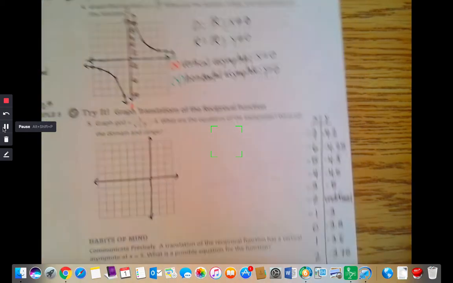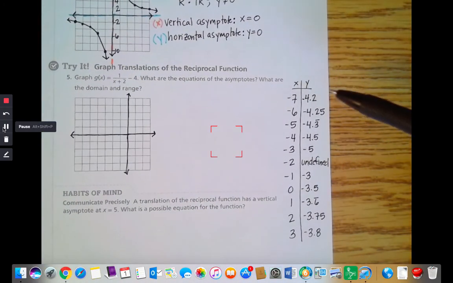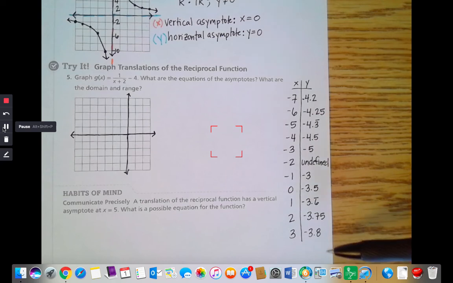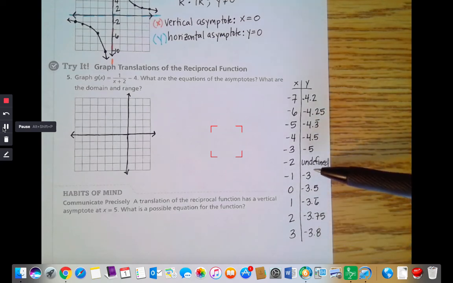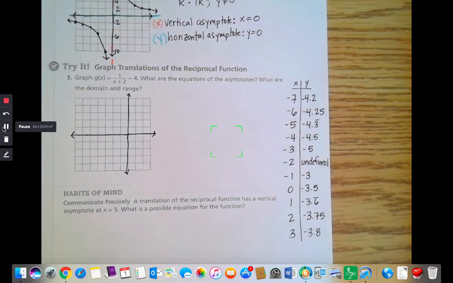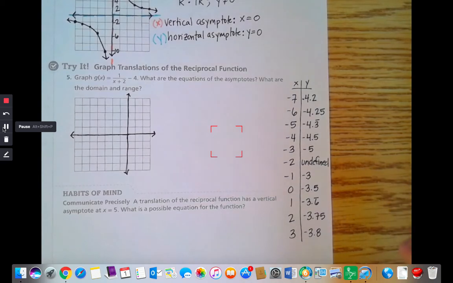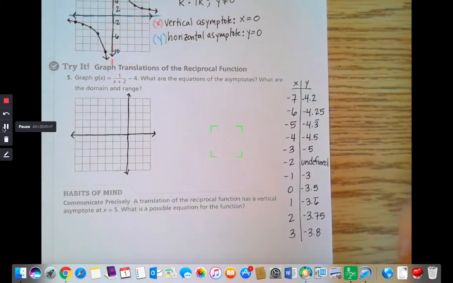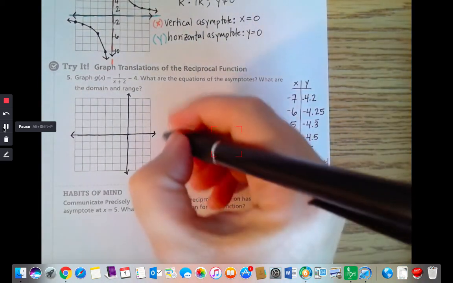All right, back to what I was doing. I went ahead and gave you the table just because we're on a time crunch here. And we are undefined at -2. So that's actually going to be easy for us. That tells us what our vertical asymptote is.